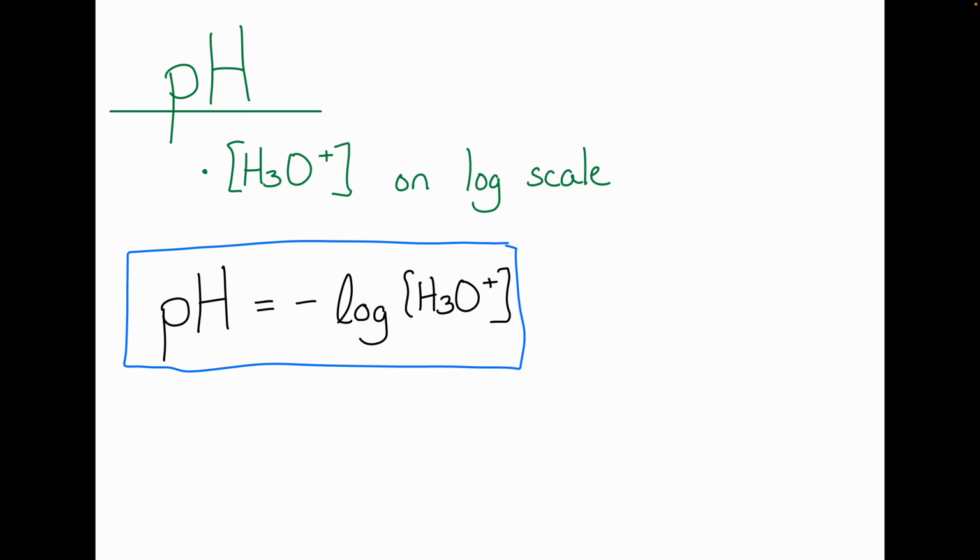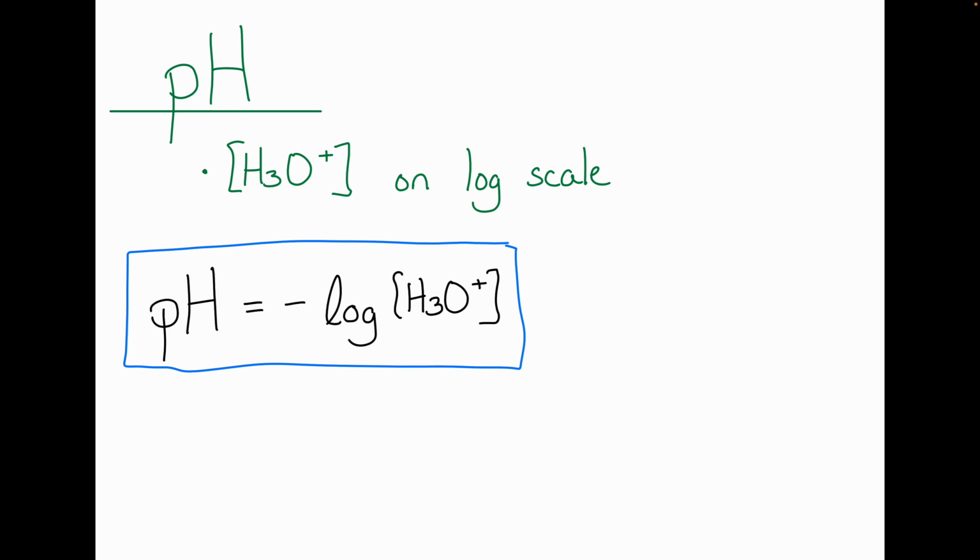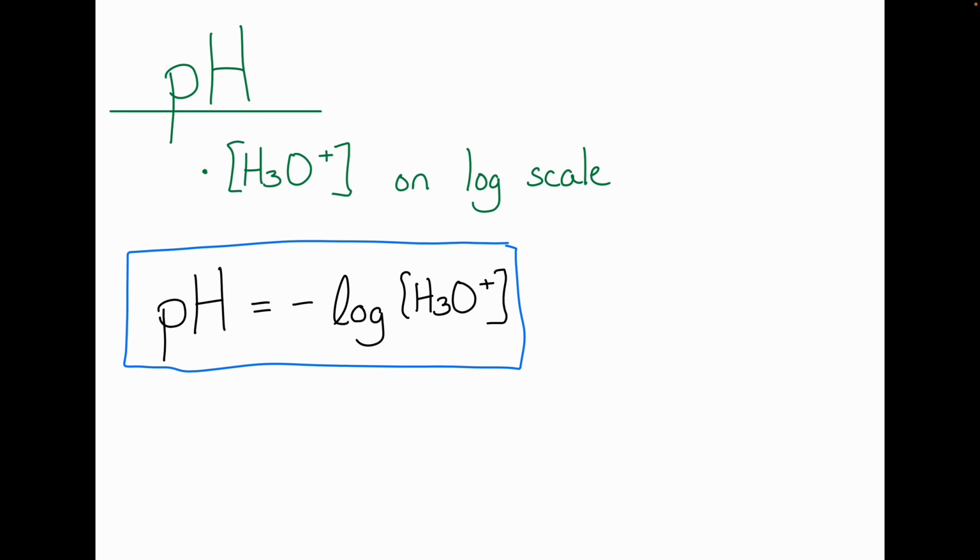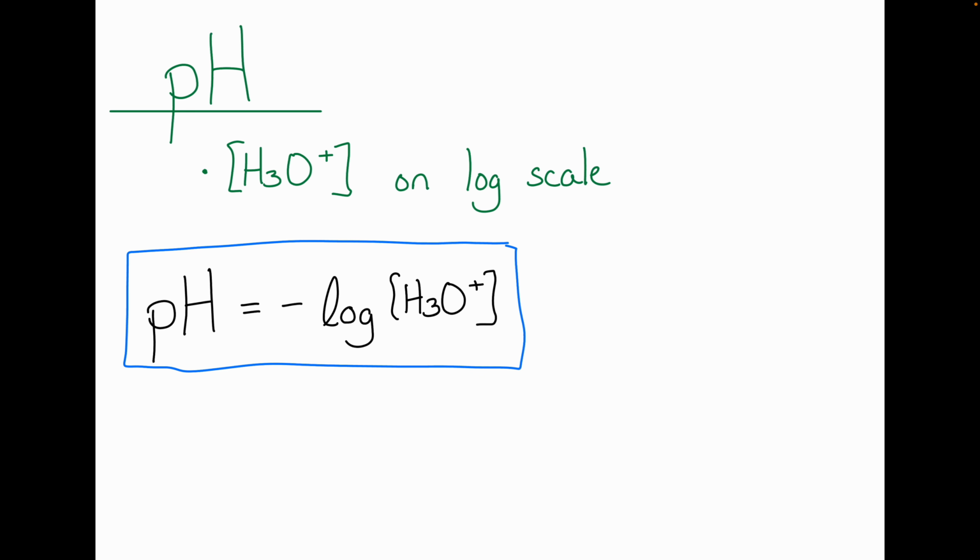As long as you know that hydronium ion concentration, you can find your pH, and vice versa. We could take the inverse of this relationship and solve it for the concentration of H3O+. Just to formalize it, the concentration of hydronium is 10 to the negative pH.